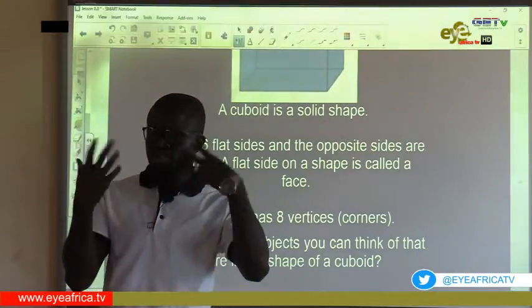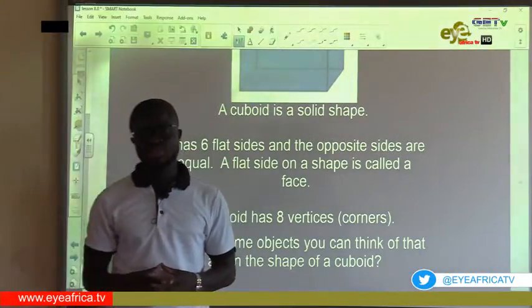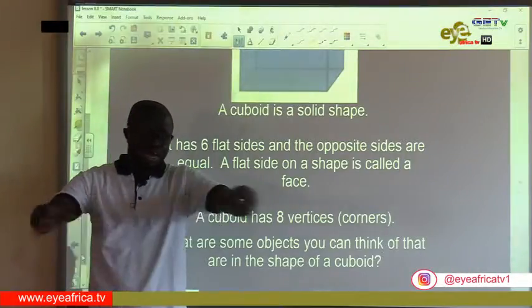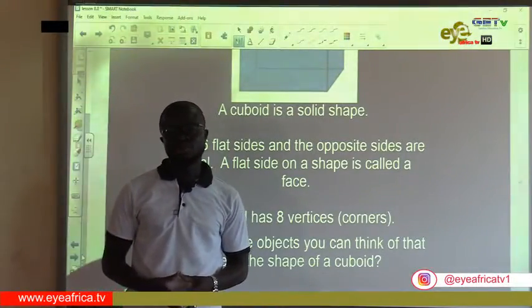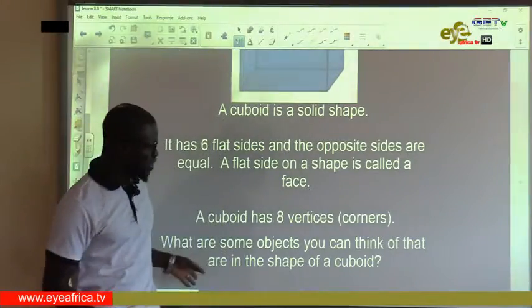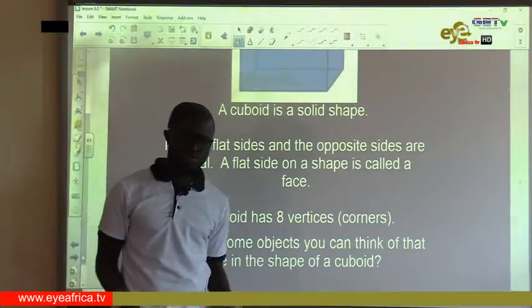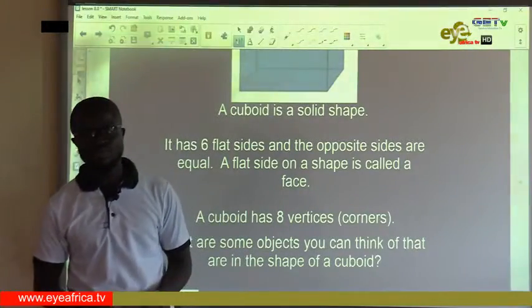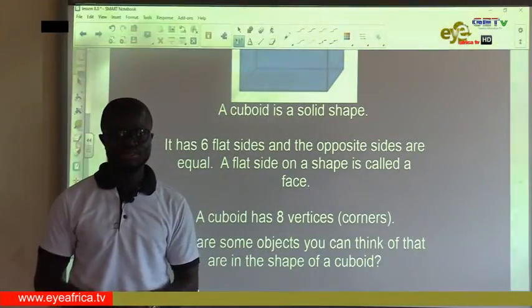Can you take some seconds to think about this question, please? Look around your households or the environment that you are in and tell what are some of the shapes around you that could be termed as cuboid. Can you do that, please?